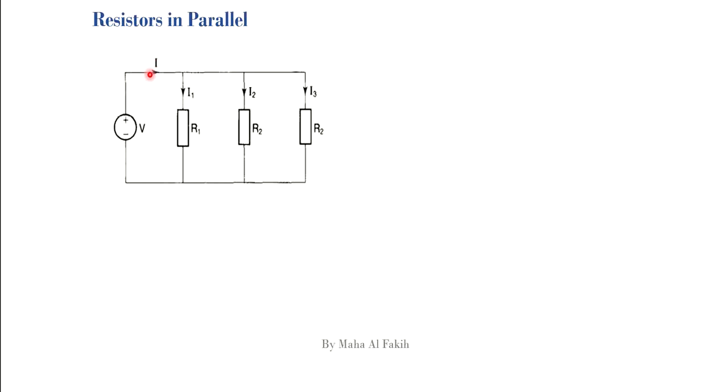This is exactly what happens with current. The current will reach this point and a part of this current will continue to pass through R1 and we will call this I1. Then the remaining part will continue to pass over here until reaching this point, where a part will continue to pass through R2 and we will call this I2. The remaining part will continue to pass over here until reaching R3 and we will call this I3.